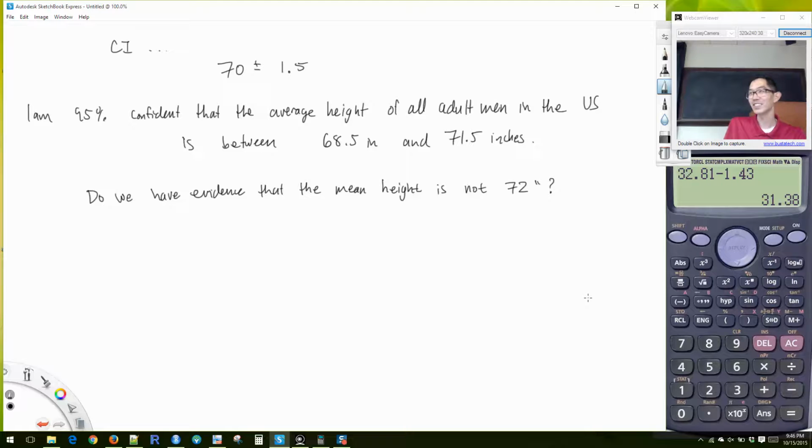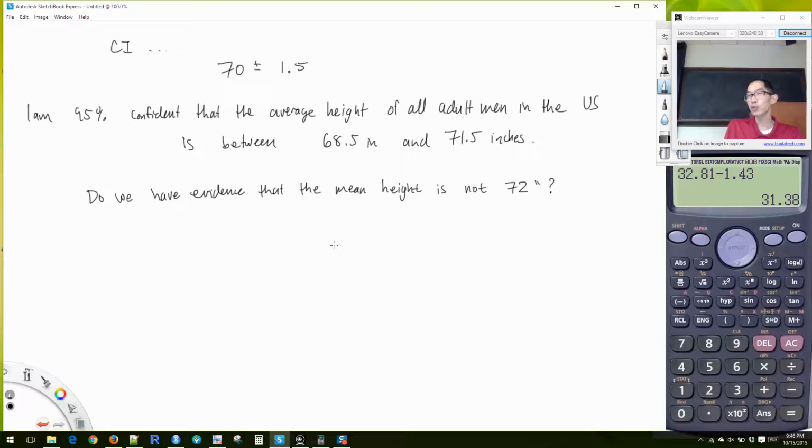Okay, well, let's look at our interval. Our interval goes from 68.5 to 71.5. So 72 is outside of our interval, right? So we would say yes, we have evidence that it's not 72.